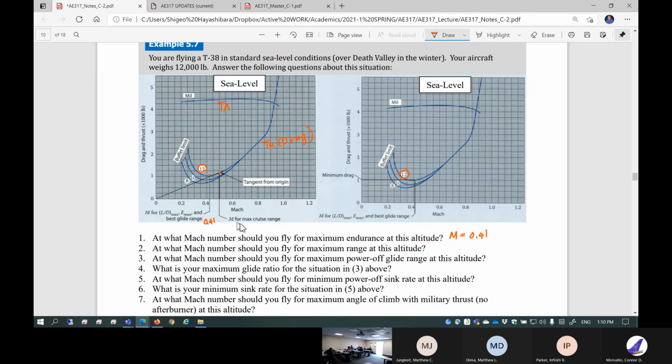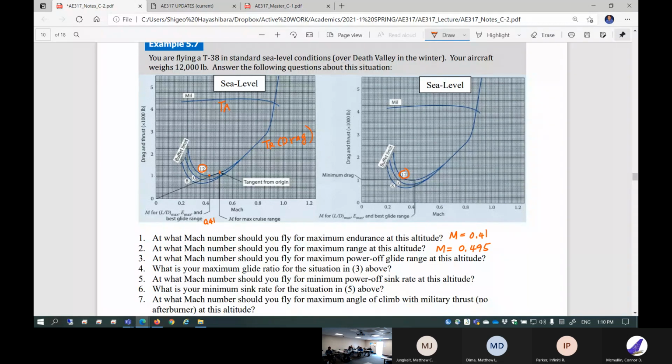This is the Mach number for maximum cruise range. What is the value? About 0.5. Textbook says 0.495. If you say 0.5, that's fine.